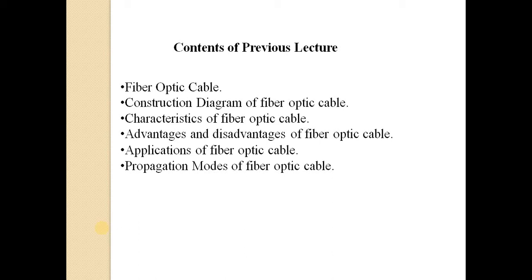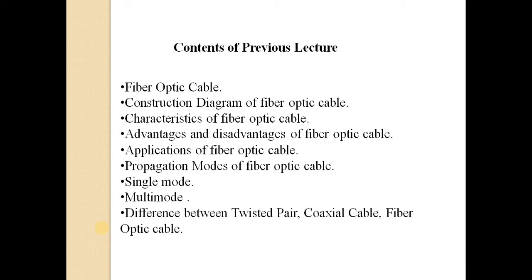And there are mainly two modes, that is single mode and second is multi-mode. Single mode means what? If there is one path for light transmission, it is called a single mode, and if there is more than one path, it is called multi-mode. Multi-mode can be implemented in two forms, that is step index mode or graded index mode.